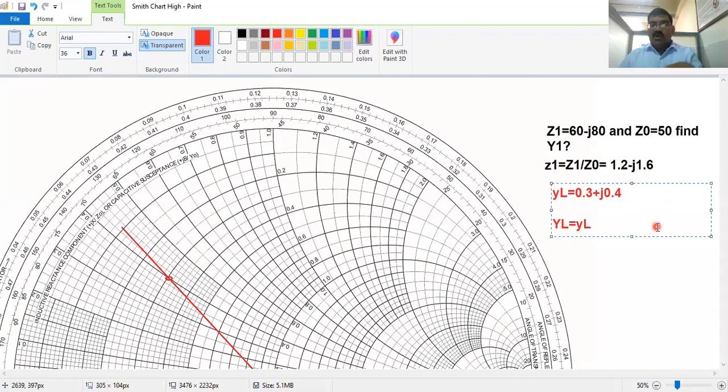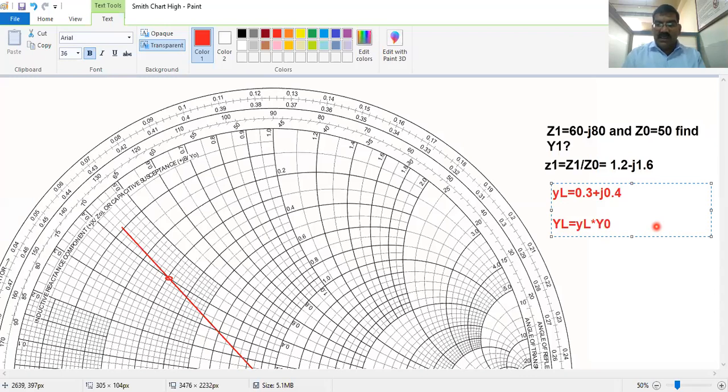Now this is YL, so what should I multiply YL by, Z0 or Y0? Quickly, anybody? Y0. Y0, correct. So I have to multiply it by Y0.